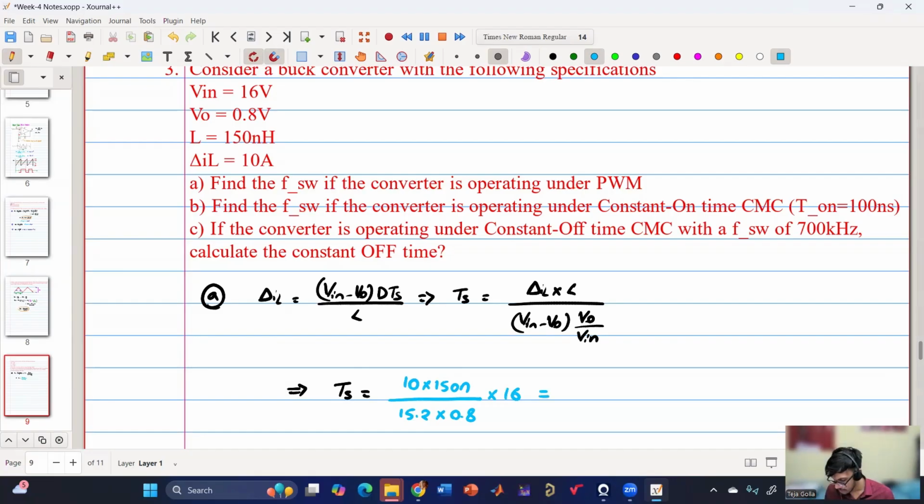So has anyone calculated the value? 10 into 150 nano by 15.2 into 0.8, everything into 16. If we multiply by 10 to the power 6, it is coming to be 1.973 microsecond. So I got the switching time period as 1.973 microsecond.